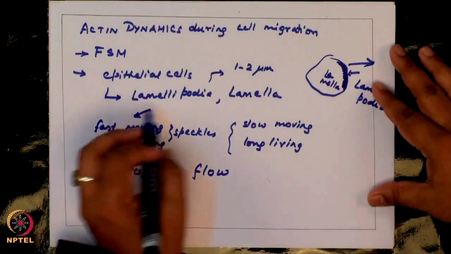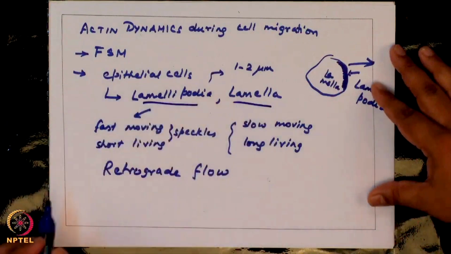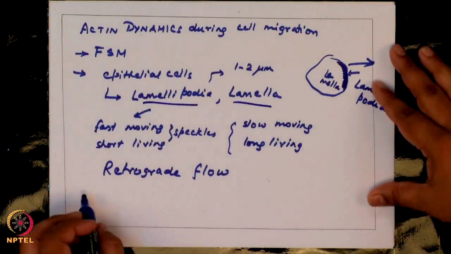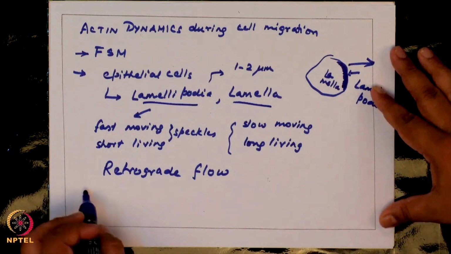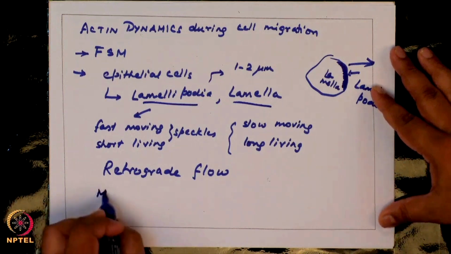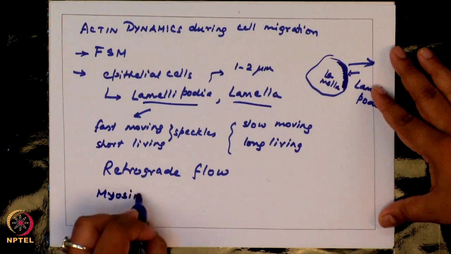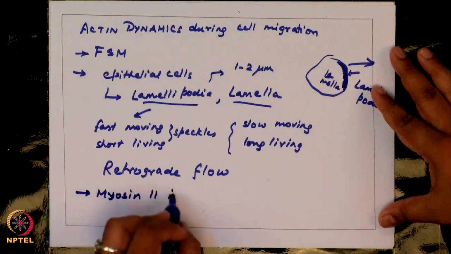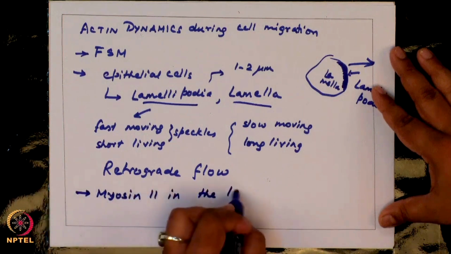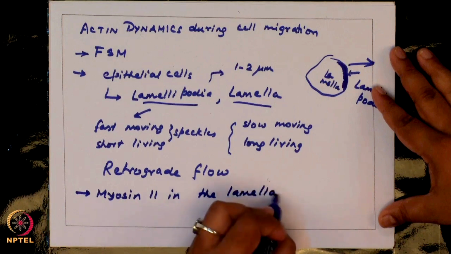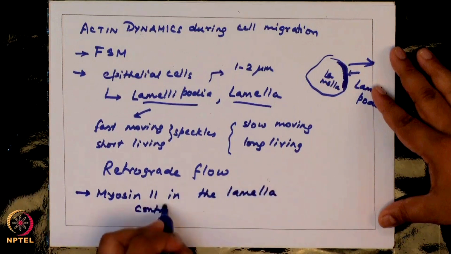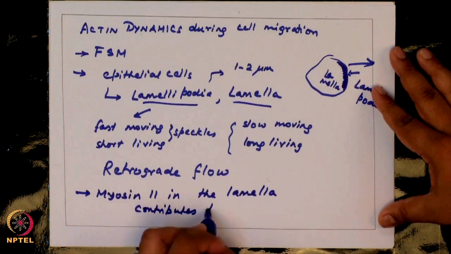What I also told you was that these two networks, lamellipodia and lamella, are molecularly distinct. Using blebbistatin experiments, the authors had shown that myosin II in the lamella contributes to retrograde flow.